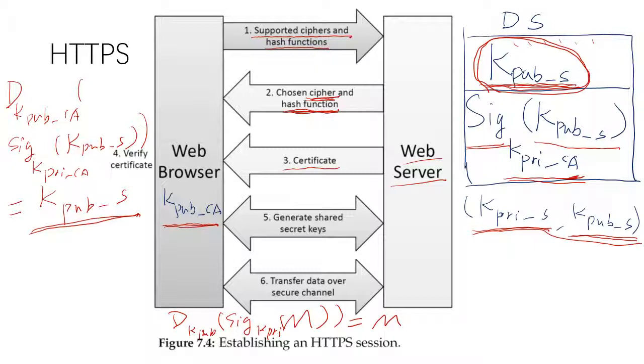Then here comes step 5, to generate the shared secret key. The web browser is going to generate a pre-master key, which is a random number generated by the web browser, and the web browser is going to encrypt this pre-master key with the public key of the server.